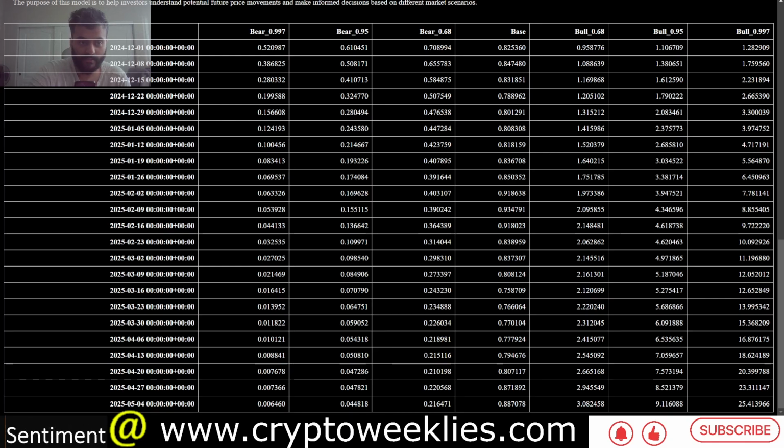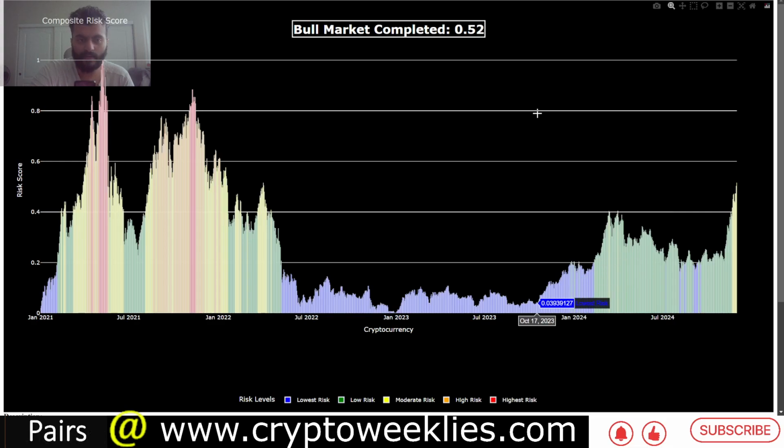Again, none of the content is financial advice. Where we stand right now is that around 52% of the bull run is completed, based on this composite risk analysis of the top 100 cryptos by market cap, between 0 and 1. If this is pointing at around 0.52, that means slightly over 50% completion of the bull market.